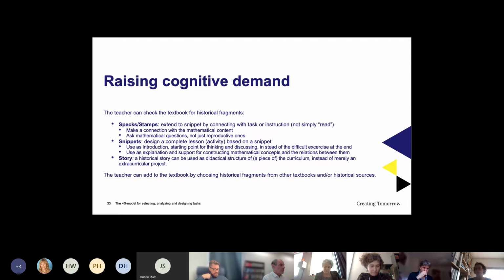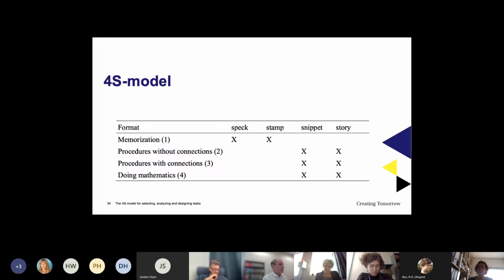And these are the ideas that I think we can give to teachers during a teacher training program, and invite them to use history of mathematics this way and try to raise the level of thinking, of mathematical thinking. So what's happening in terms of the model are actually two things.